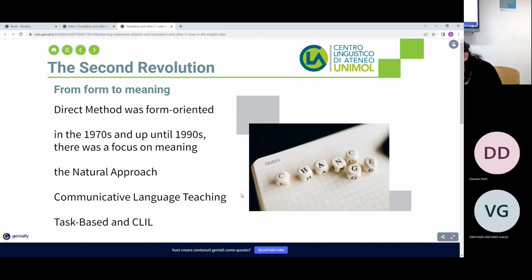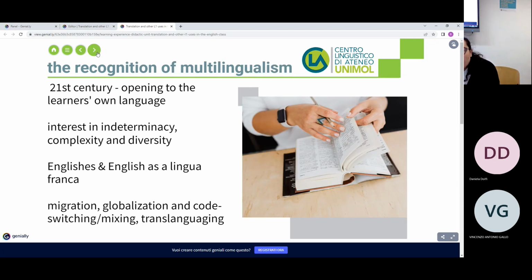So CLIL is one of those approaches that are more interested in the meaning rather than the form and the grammar. So that's just examples. If you want, we could talk about them at the end, if you have any questions about these, because I'd like to move over and come to the 21st century.